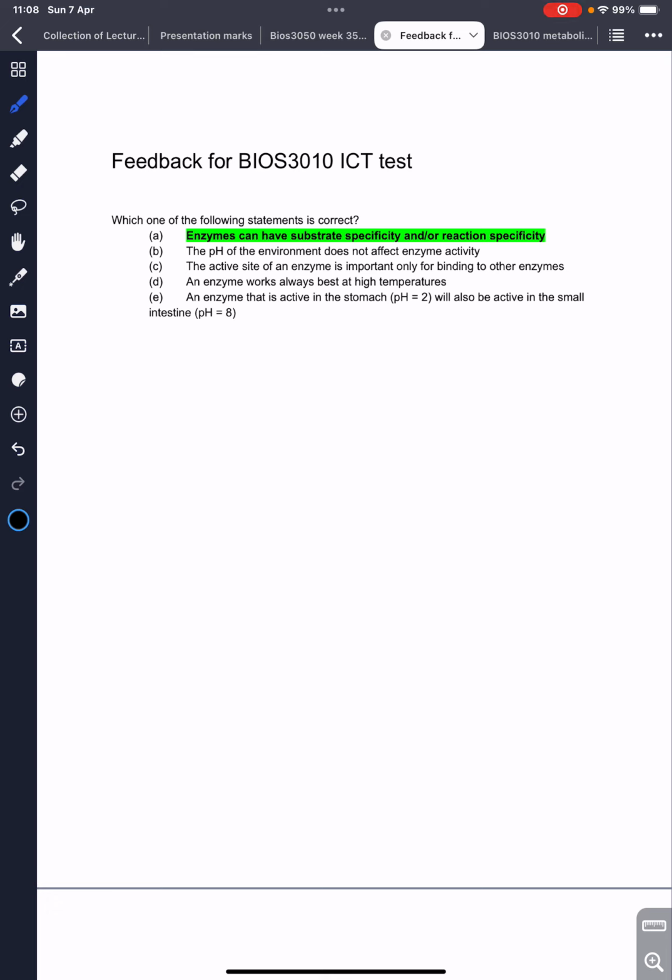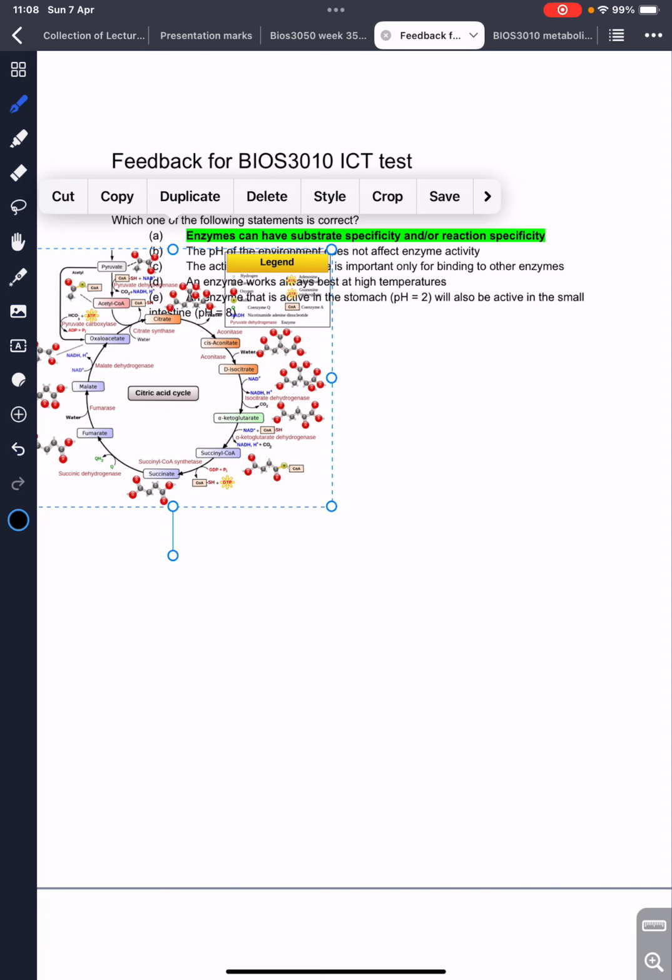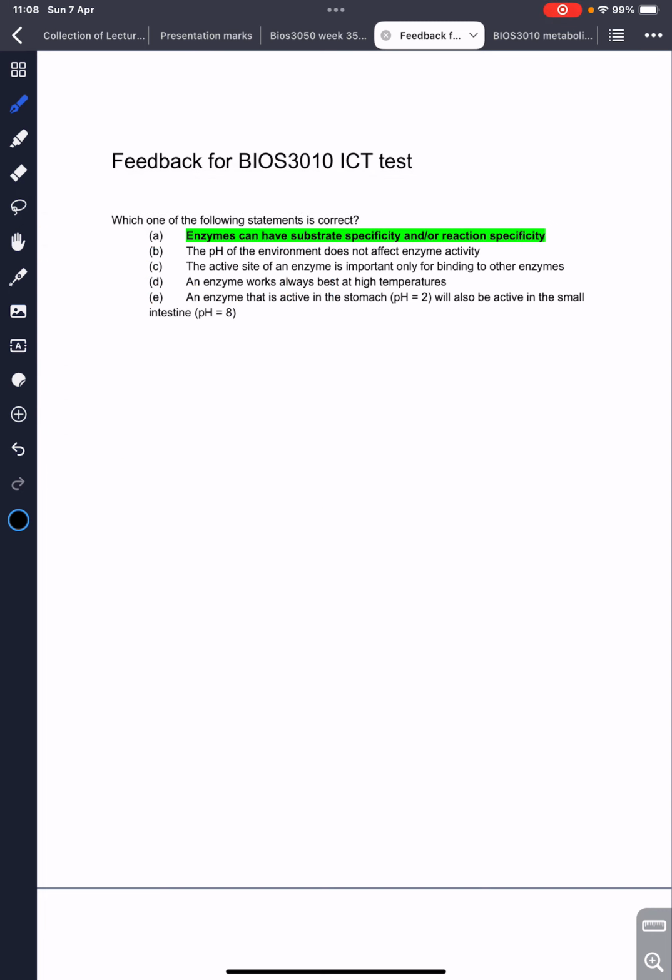So here the first question is, which one of the following statements is correct? And of course the statement is that enzymes can have substrate specificity and/or reaction specificity. So the enzyme can catalyze a specific substrate.